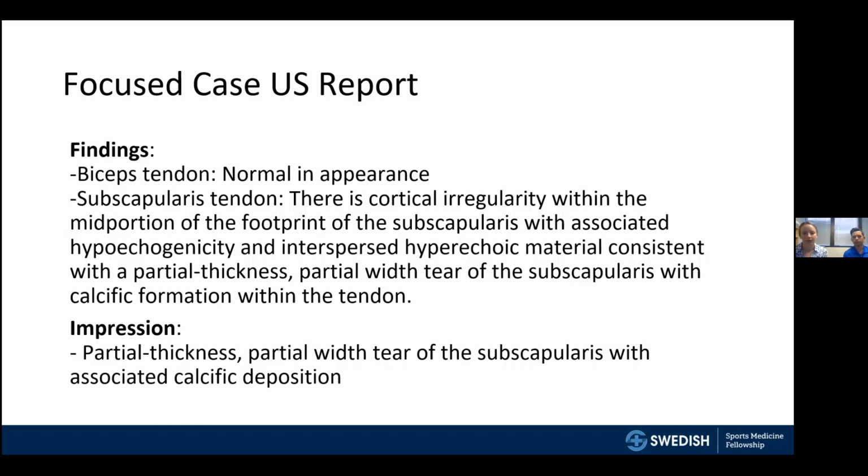There's a cortical irregularity within the mid portion of the footprint of the subscapularis, with associated hypoechogenicity and interspersed hyperechoic material consistent with a partial thickness, partial width tear of the subscapularis with calcific formation within the tendon. And then our summary of that, which is a partial thickness, partial width tear of the subscap with associated calcific deposition.